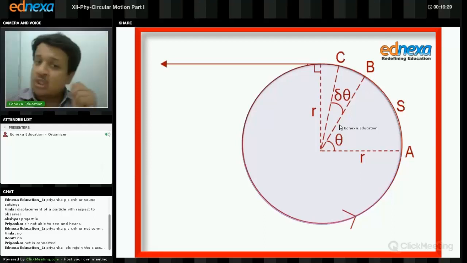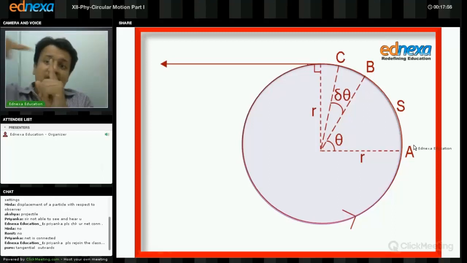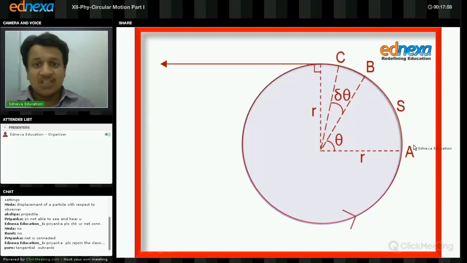David tied one stone to a sling, David's sling, and he started whirling or revolving that stone. If we stop revolving, what will happen with the stone? So tangentially outward. Obviously it will follow that arrow which is shown over here, the tangent to the circle. So it will move tangentially outward.